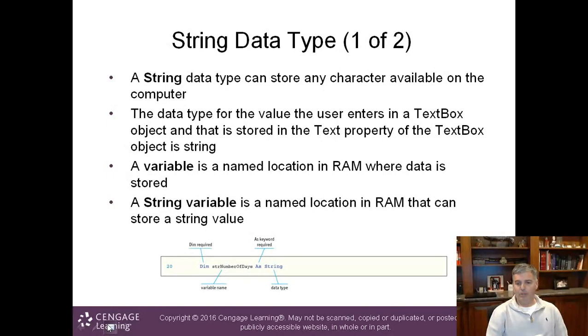Then our variable name. And you notice our variable name has a naming convention: str, because our data type is string. Number of days. Just like our objects in our application, we have a naming convention for our variables. So Dim strNumberOfDays As, and then our data type. That's a simple line of code for declaring a variable: the Dim, the variable name, As, and the data type.